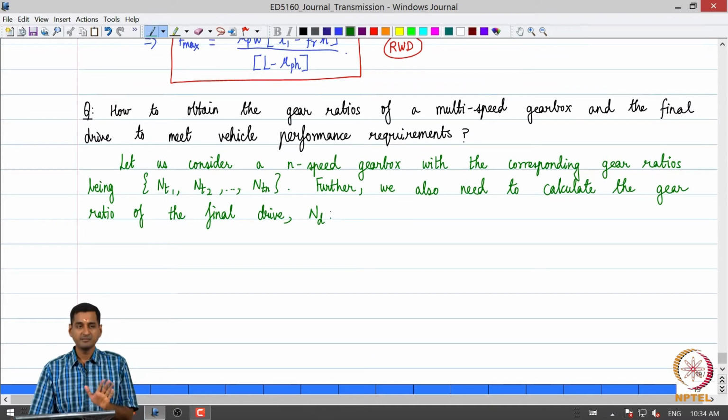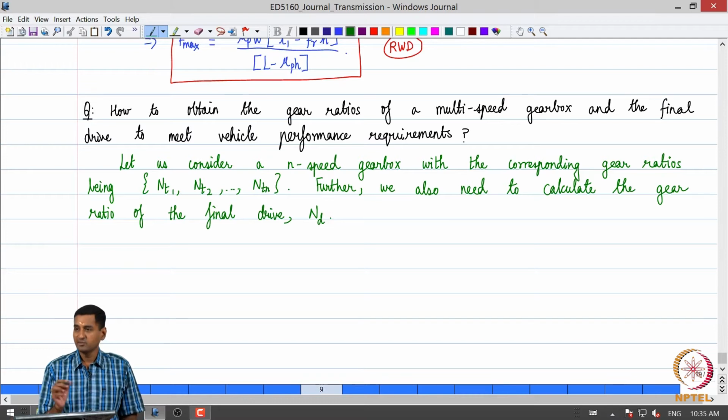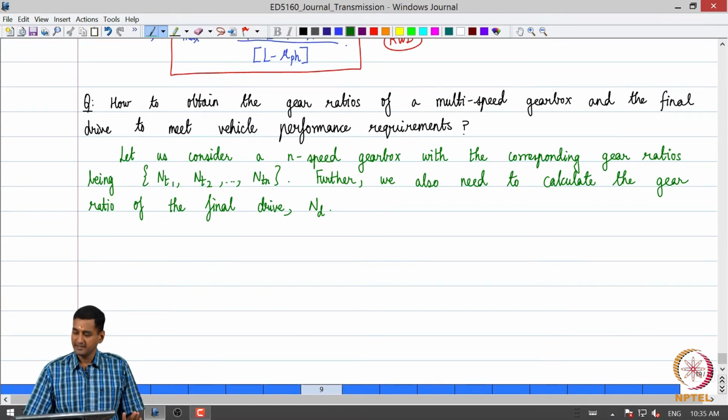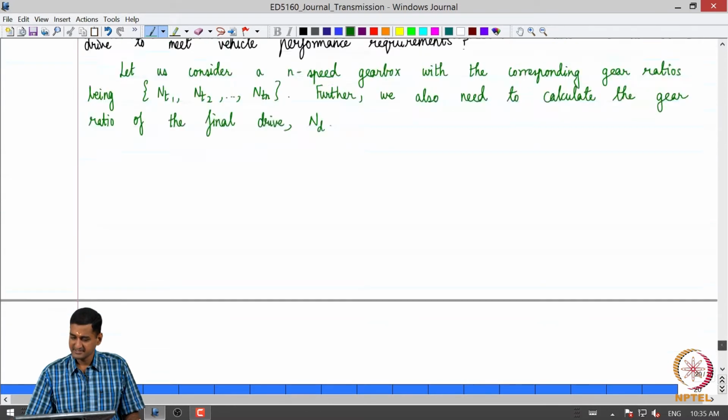So, in other words, in the process of transmission matching, we need to calculate the values of NT1, NT2 all the way till NTN and this parameter ND. The question is how do we go about doing this? So, let us discuss that.